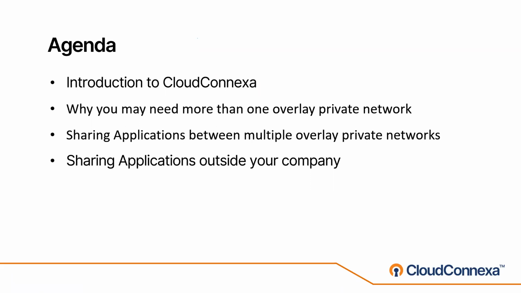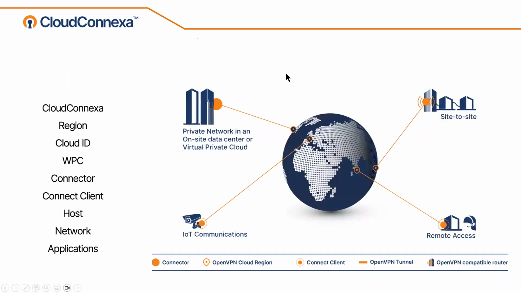So Sean will introduce CloudConnexa, mainly talk about some of the concepts, some of the terms involved in this cloud delivered service of ours. Then we will talk about why you may want to have more than one overlay private network, and see some of the use cases or reasons.